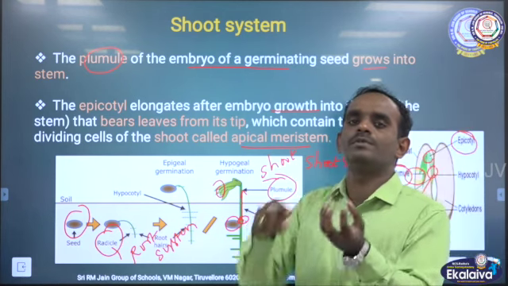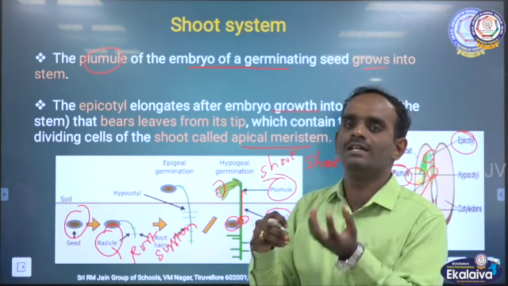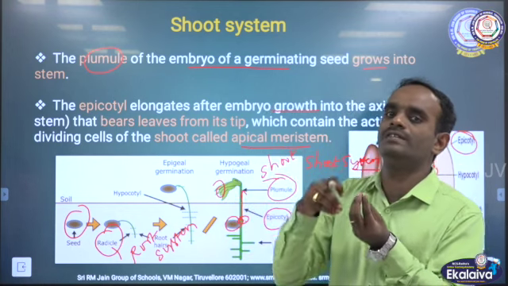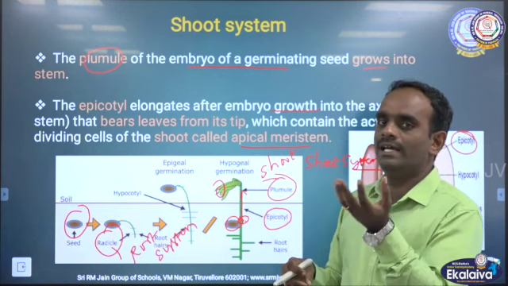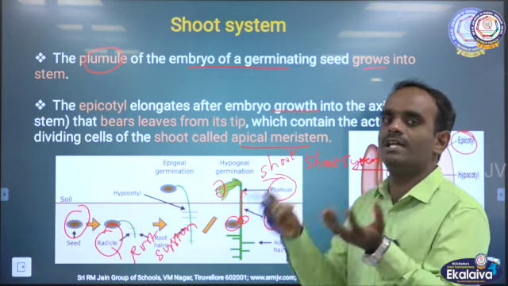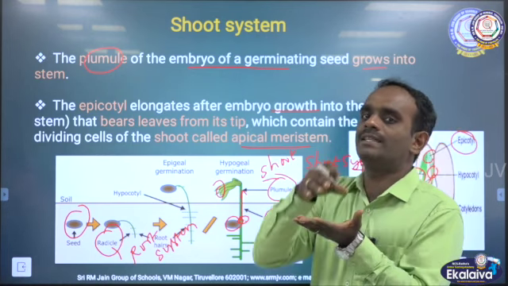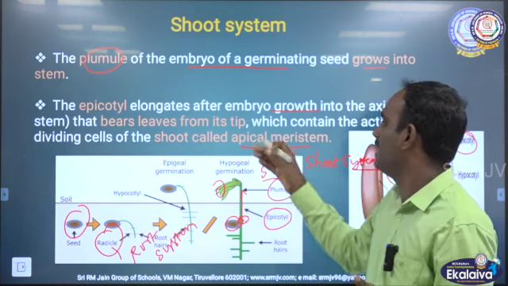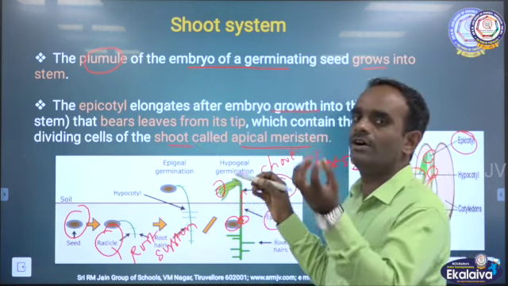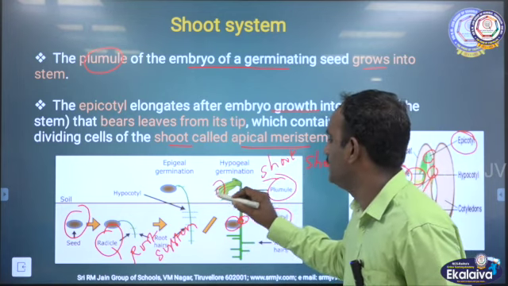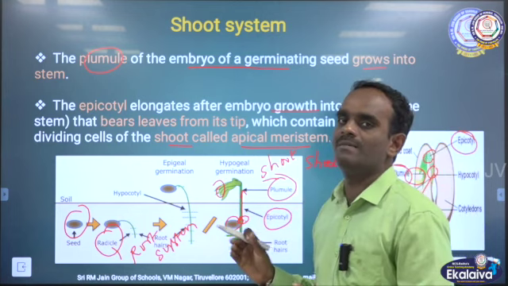Apical meristem gives rise to the elongation of the shoot system, elongation of the stem. It is always present at the tip of the root as well as the tip of the shoot. The meristematic tissue present at the tip of the shoot is said to be apical meristem. See here, the dividing cells present in the shoot are said to be the apical meristem.